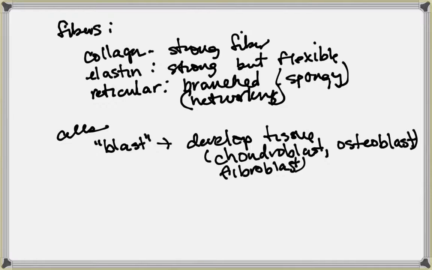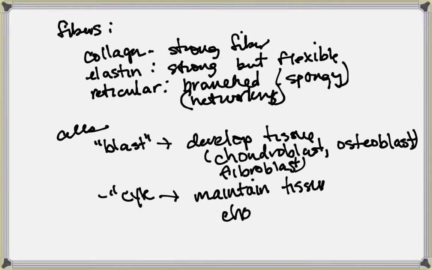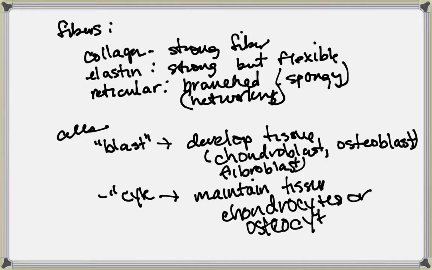They help to develop tissues. They also have cells in them called cyte cells, right? And these help to maintain tissues. So on here, you could see chondrocytes or osteocytes, or even an example is adipocytes.